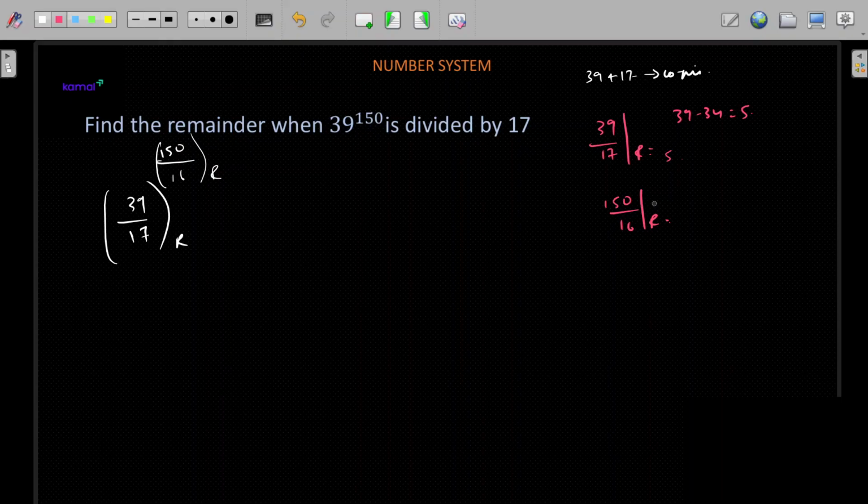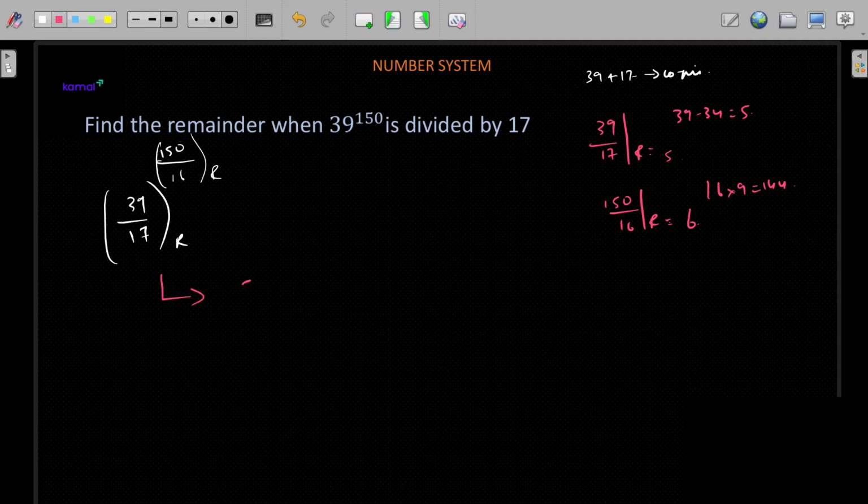The highest multiple of 16 which is less than 150 is 16 nines are 144, which means 144 is the highest multiple of 16 less than 150. So 150 minus 144 is 6. So my remainder is 6.